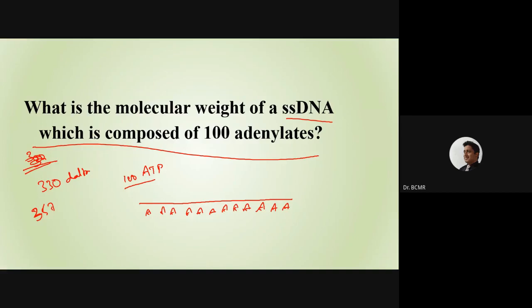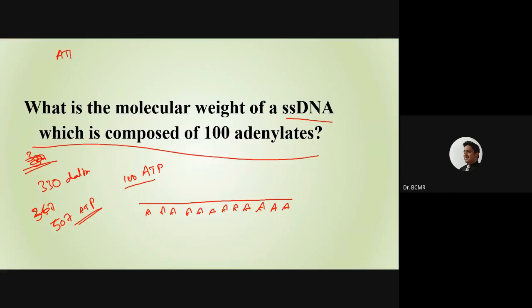Sorry, this is wrong. I got it wrong. It is 507 for ATP. ATP molecular weight is 507, and AMP should be somewhere around 330. Here is something you should remember.